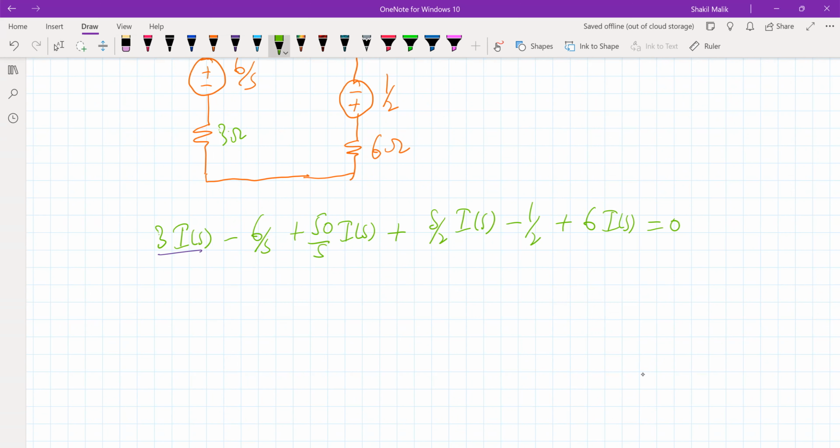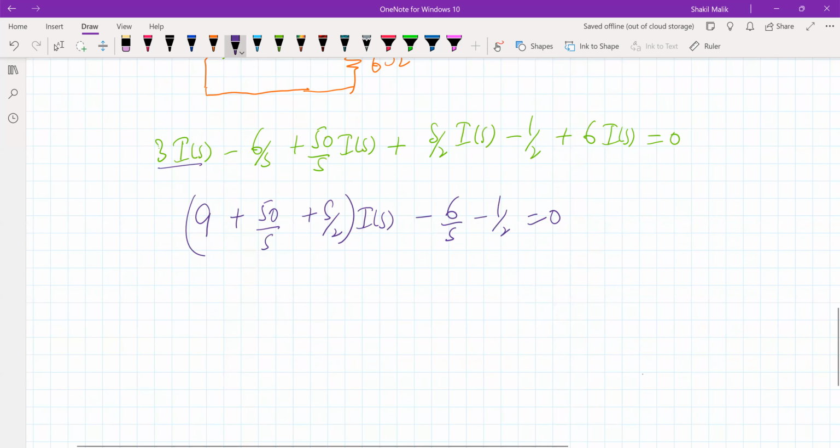So it will be 3 I of S, and 6 I of S is 9 I of S. I of S I will take outside. So it is 9 plus 50 by S plus S by 2 times I of S, minus 6 by S minus 1 by 2, equal to 0.